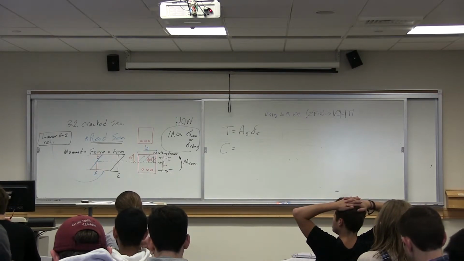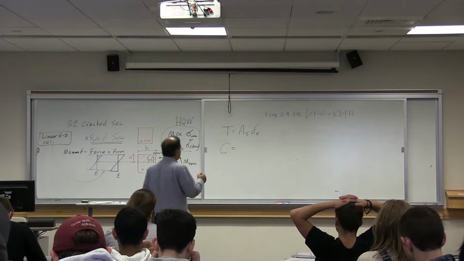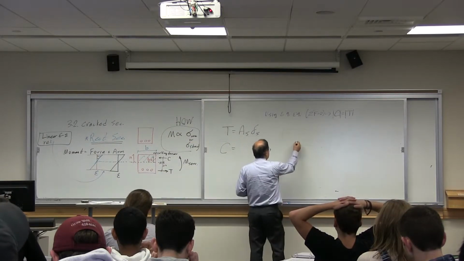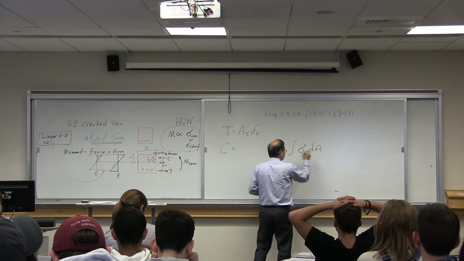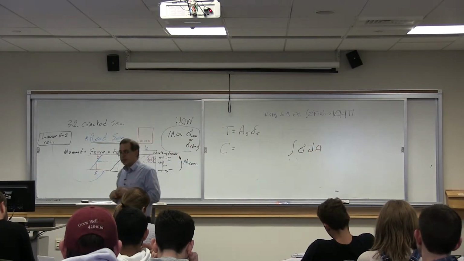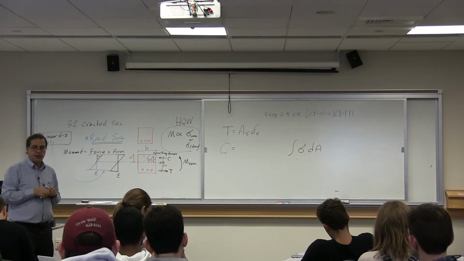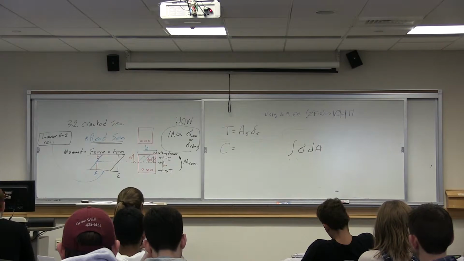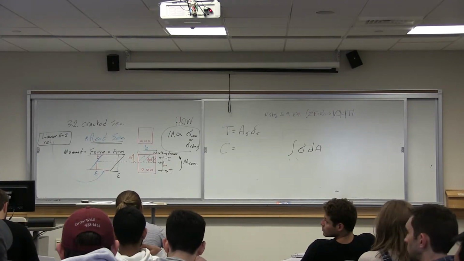If you have linearly varying stress within the compressive zone, what is the integral of stress times dA? What is that integral? For the area, would that be B times X?